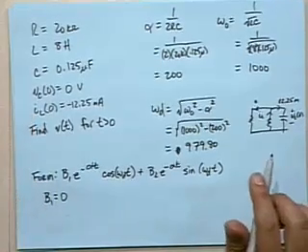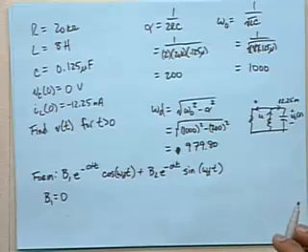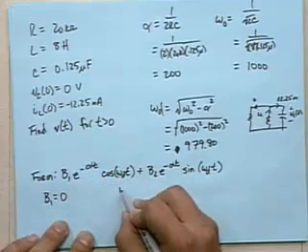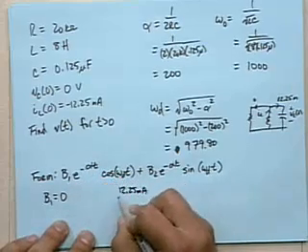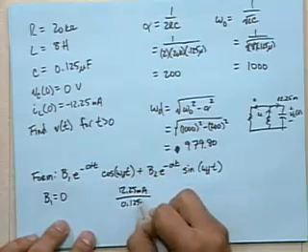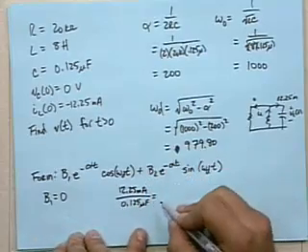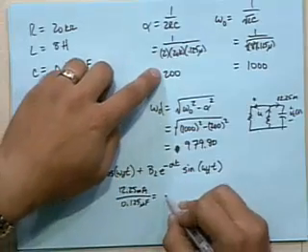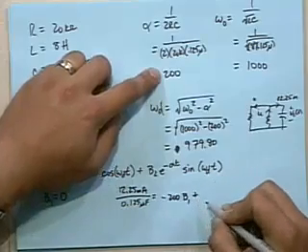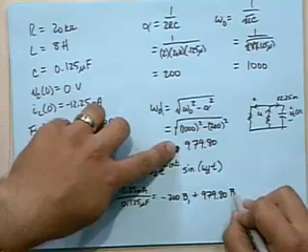So what that means is that we take the 12.25 milliamps divided by the capacitance, which was 0.125 microfarads, equals negative alpha. We solved for alpha, so it's negative 200 times B1 plus omega d, which is 979.80, times B2.